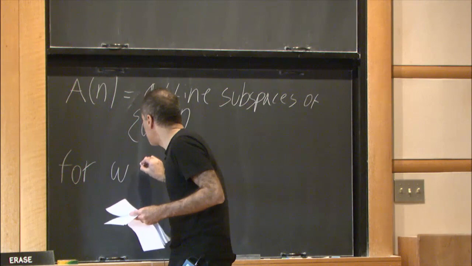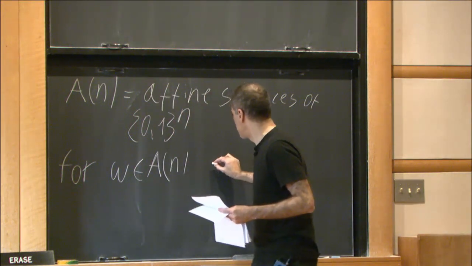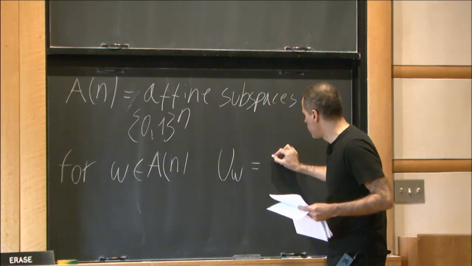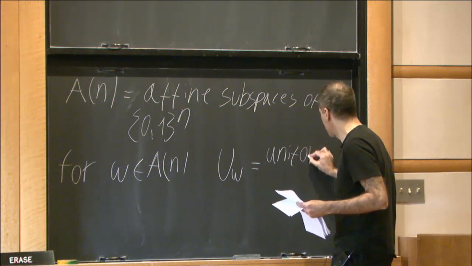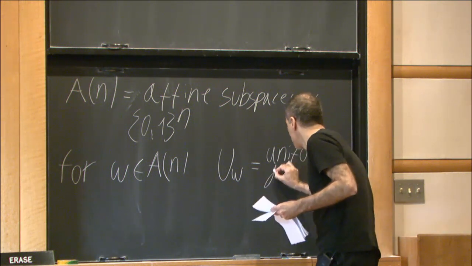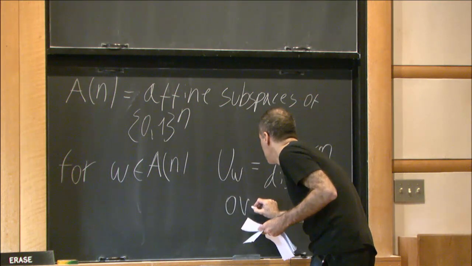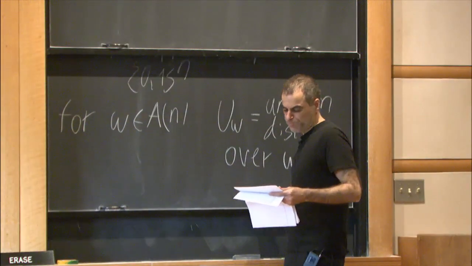For an affine subspace W in A_n, I'm going to denote by U_W the uniform distribution over W. So this is a notation.